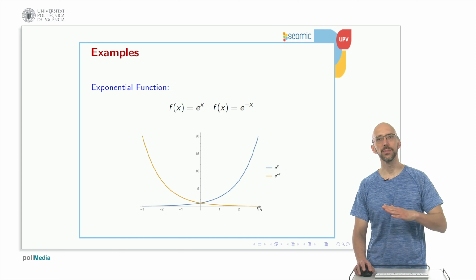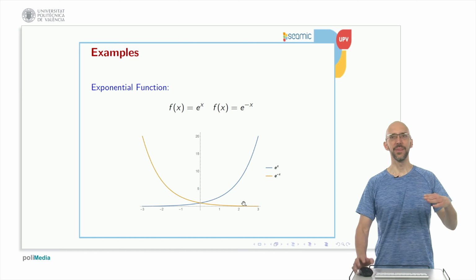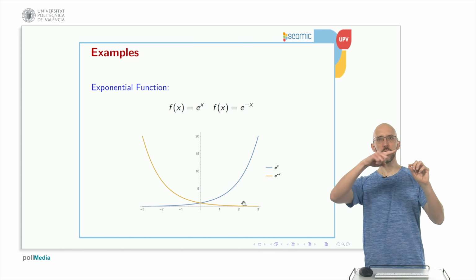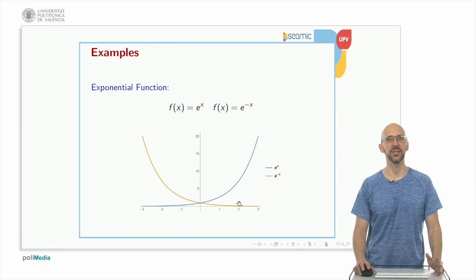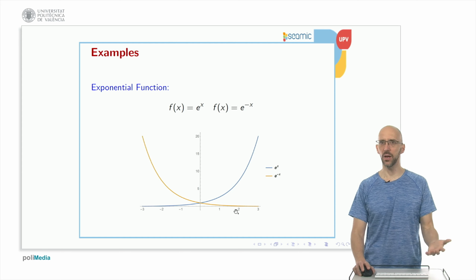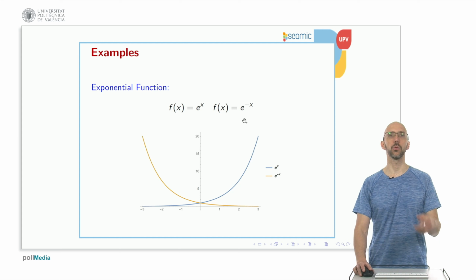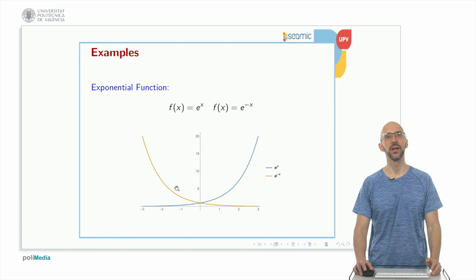It's approaching this value more and more. The farther we go, the closer to 0 this function is. We will see this in limits again, but it's a good time to remember this, okay? The idea is that when x tends to plus infinity in this function, the function tends to 0, okay? And it's decreasing very fast also.